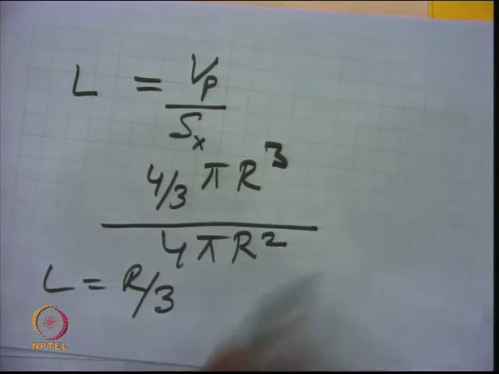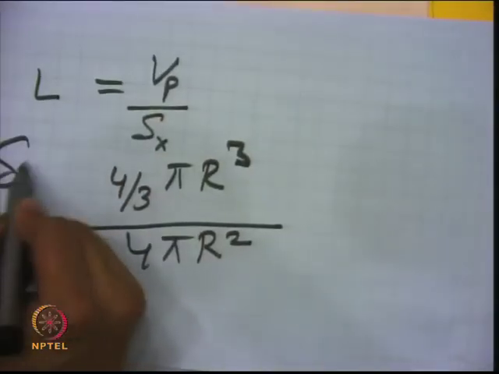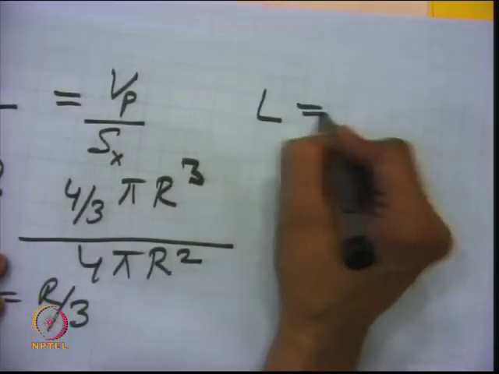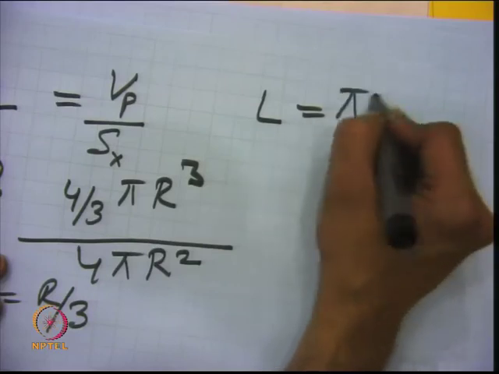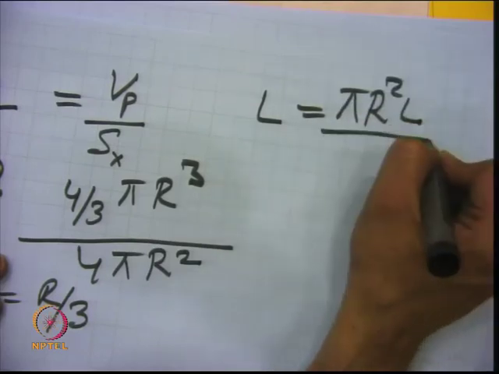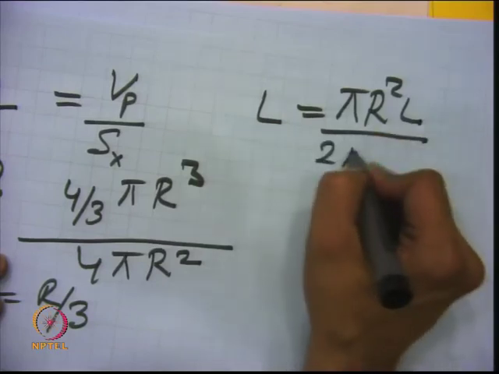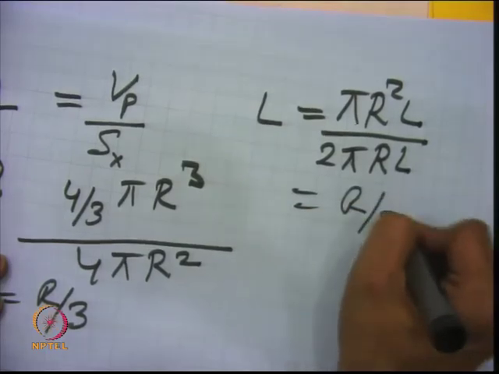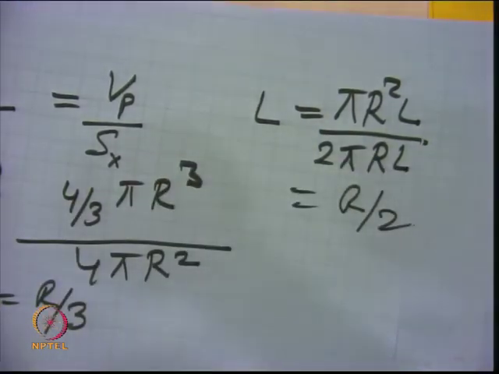Same thing for a cylindrical pellet. What will be the value? V p is pi r square into length, the volume of the cylinder, and surface area is 2 pi r L. So, this becomes r by 2. So, sometimes we define this L, which I said in the case of a pore is the pore length, but in the rest of the cases it is based on the characteristic length of the pellet.